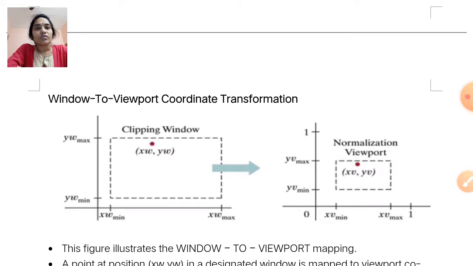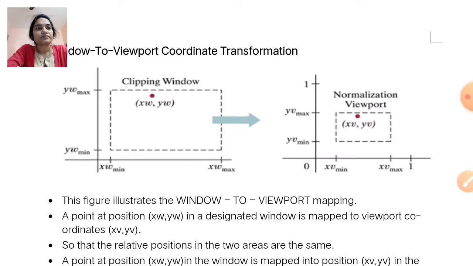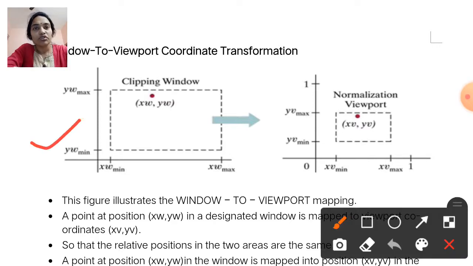Now let us discuss what the window to viewport coordinate transformation is, and how it can be processed or viewed. In this figure, this one is your world coordinate, this one is your viewing coordinate.